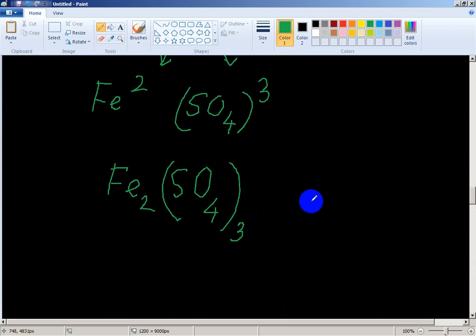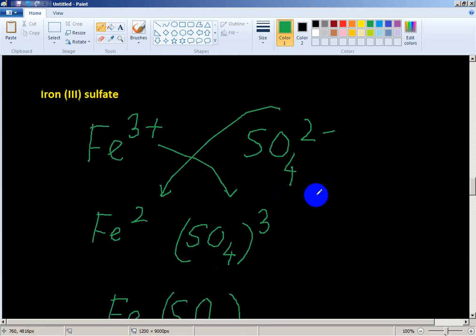Group 2 all elements have 2 positive charge. Group 7 elements have minus 1 negative charge. Group 6 elements have 2 negative charge. And in group 3, some elements, aluminum is 3 positive charge.